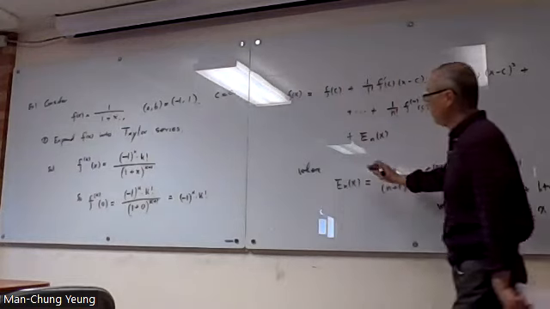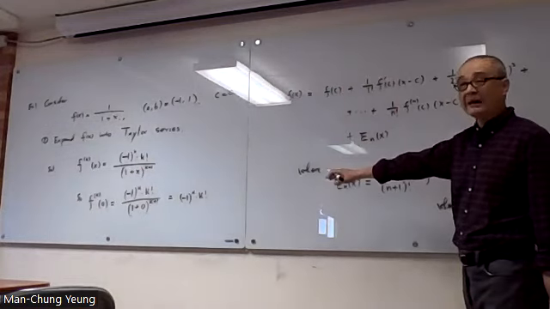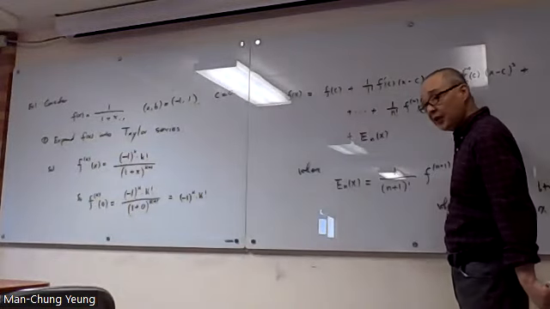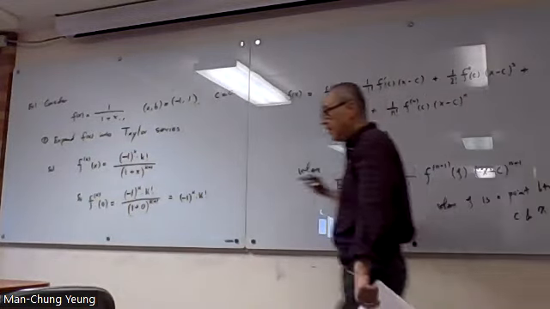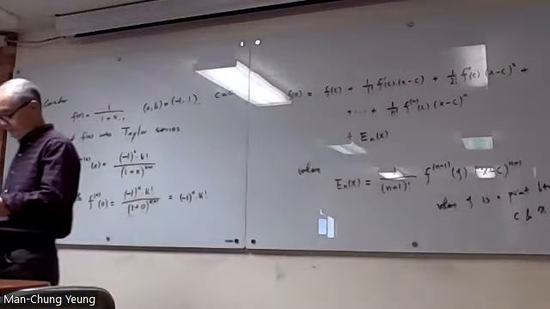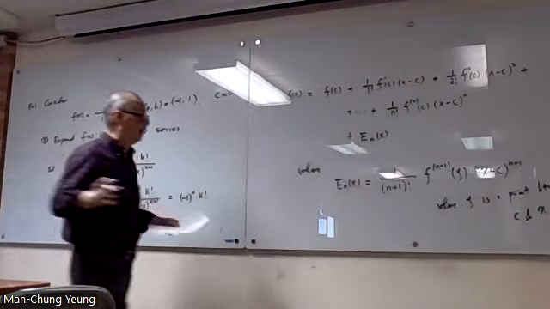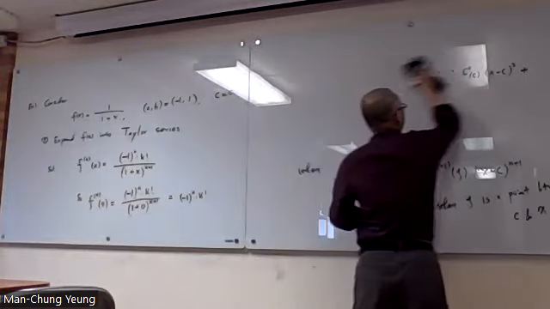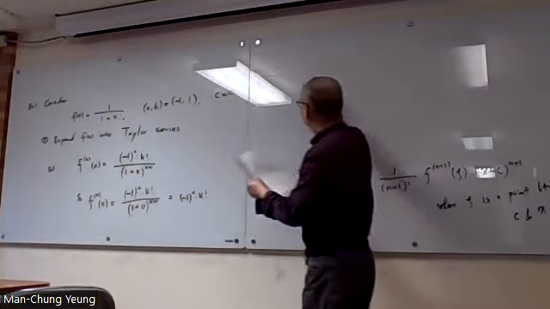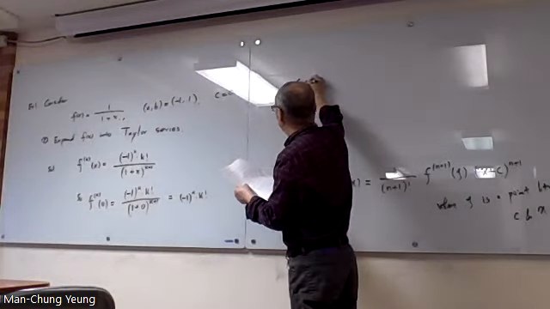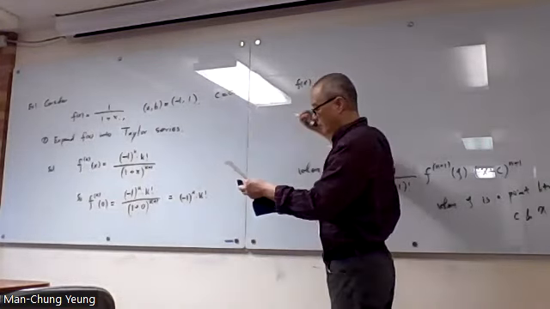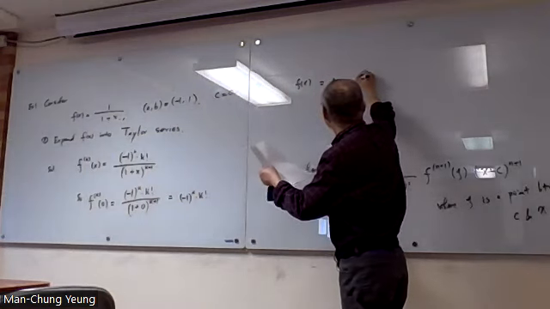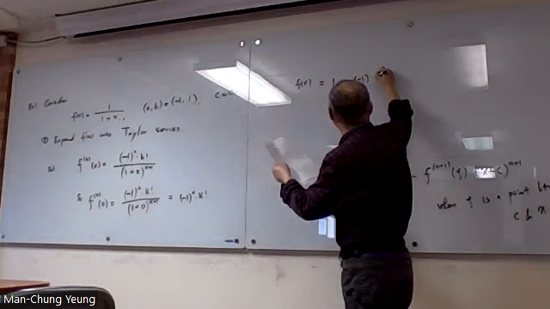Now let me plug the derivatives into the equation. Therefore we have the function f, this special function, equal to 1 plus (-1) times x.